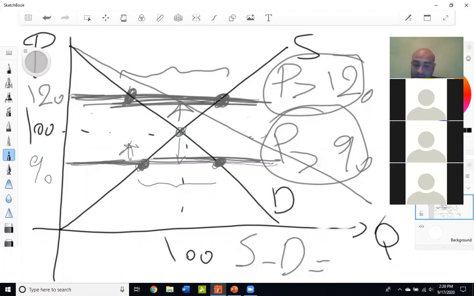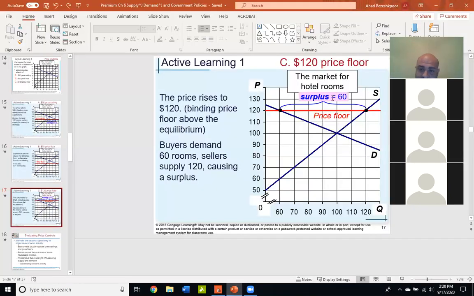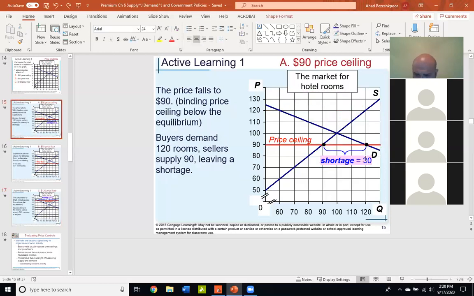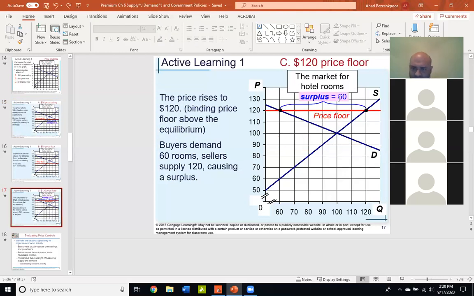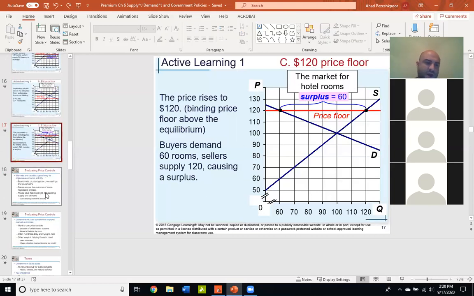This is why, in this case, our surplus is huge compared to when our shortages were just 30. The reason the surplus is much bigger is because the price elasticity of demand is much higher. You can see the demand curve is much flatter than the supply curve. You don't need to worry about that. That's very advanced. Just remember last lecture, our chapter 5 lecture, very important.